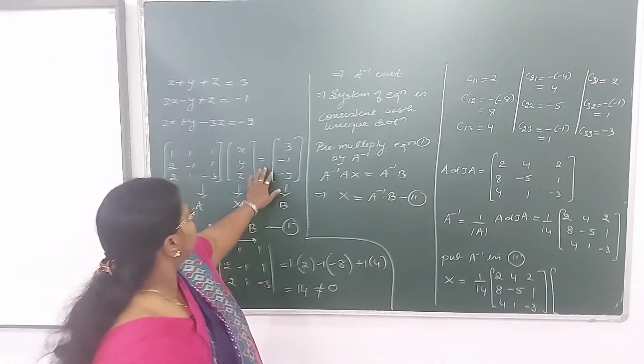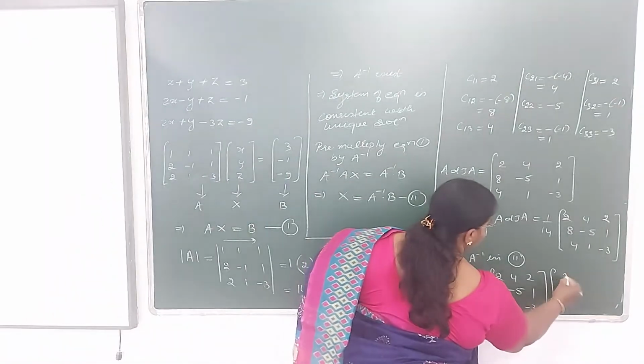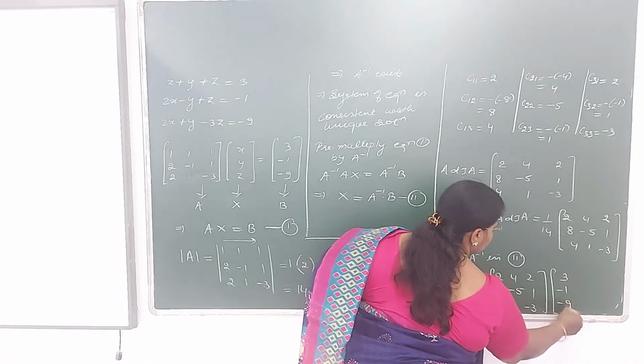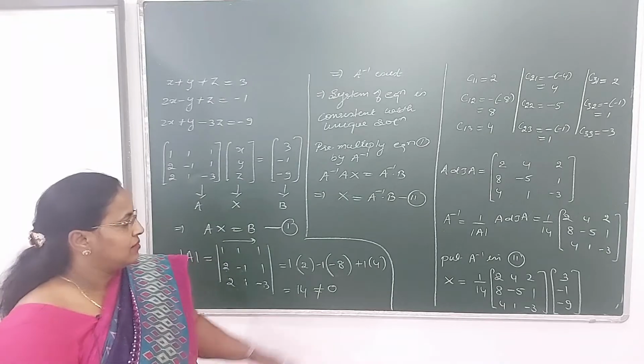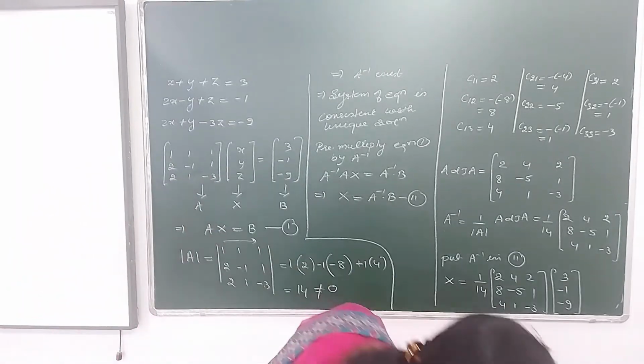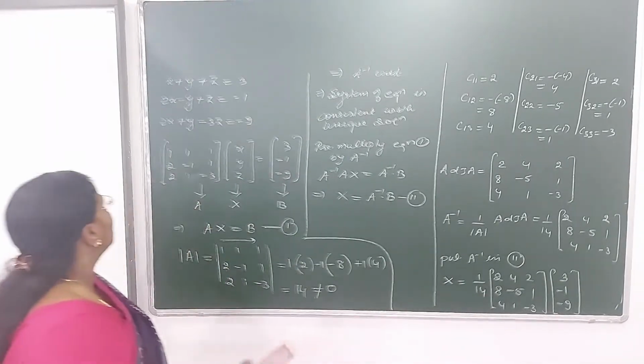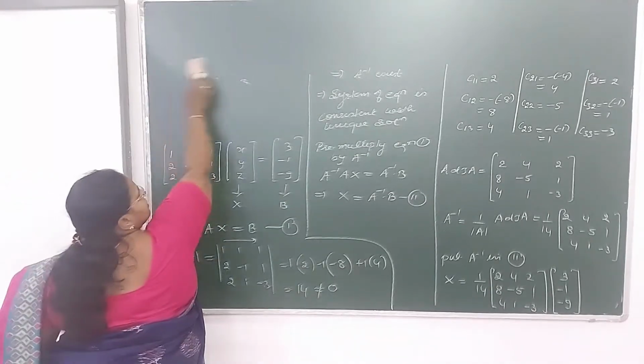The column matrix is the B matrix here. So it's 3, minus 1, minus 9. Okay. Now what next? Multiply and then finally compare. So I will be rubbing this part.